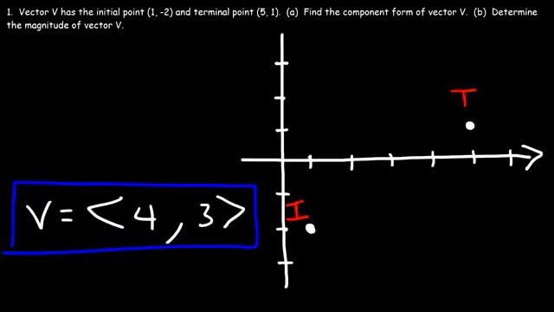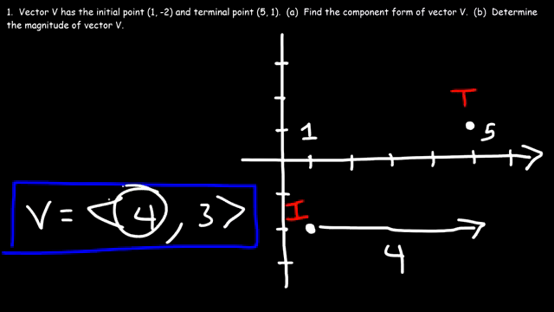Now, to go from the initial point to the terminal point, how many units do we need to travel along the x direction or parallel to the x-axis? The initial point has an x value of 1 and the terminal point has an x value of 5. So we need to travel from 1 to 5 parallel to the x-axis. So we have to travel 4 units to the right, and that gives us the x component.